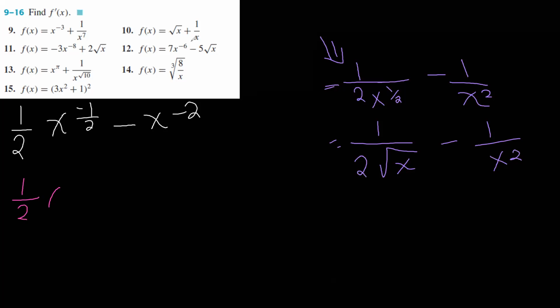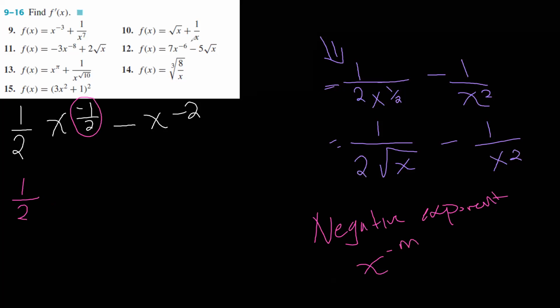now since x is raised to a negative power, or negative exponent, every time you have a negative exponent like x raised to the power -m, you have to write the reciprocal of x as 1 over x, and the opposite of -m is positive m.